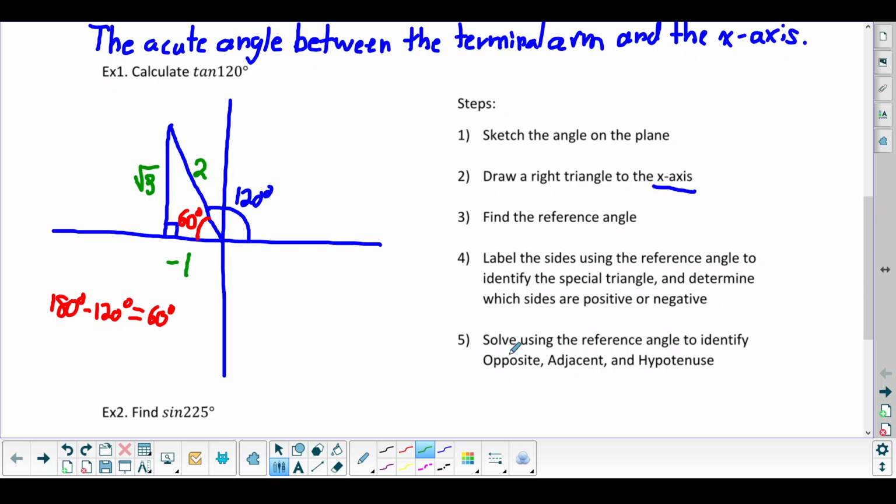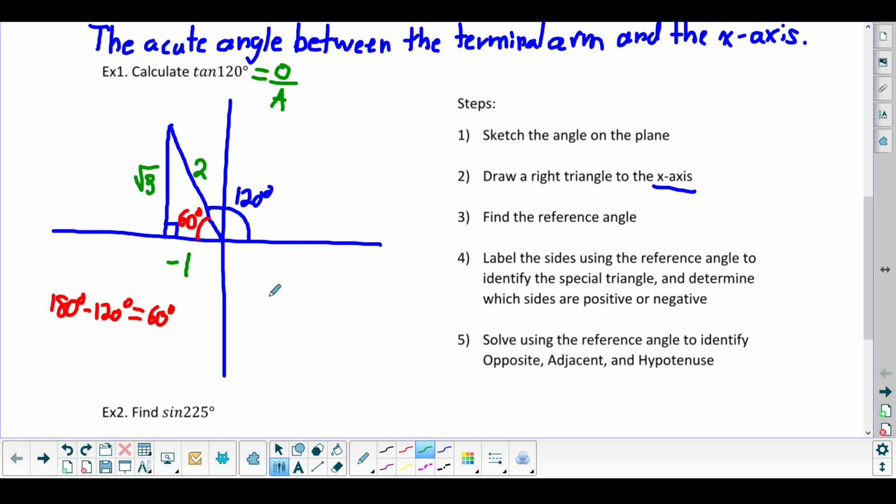Okay. So lastly, we need to solve using the reference angle to identify opposite, adjacent, and hypotenuse. So from our reference angle, we have opposite root 3, adjacent -1, and hypotenuse 2. Now let's look at what we need. So we need tan of 120, so tan is SOHCAHTOA, opposite over adjacent.